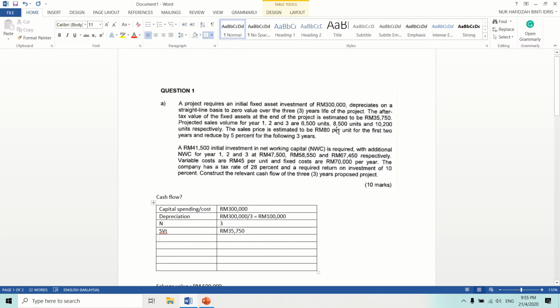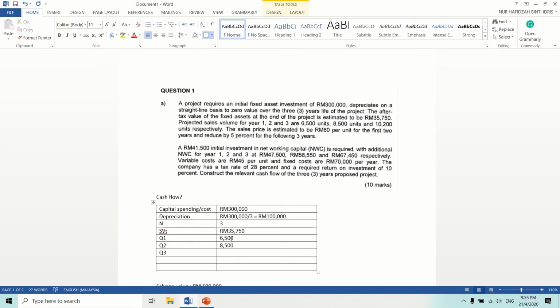So what are these? These belong to the quantity. Quantity year 1, quantity year 2, and quantity year 3. For year 1, the project is projected to produce 6,500. Year 2 will produce 8,500.